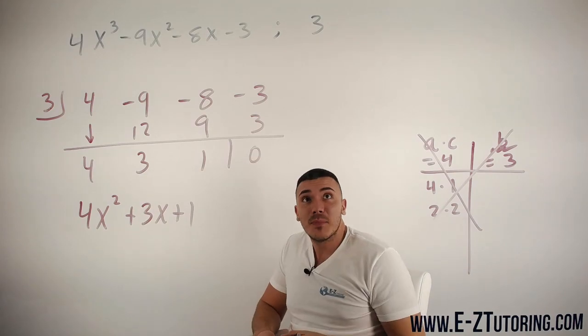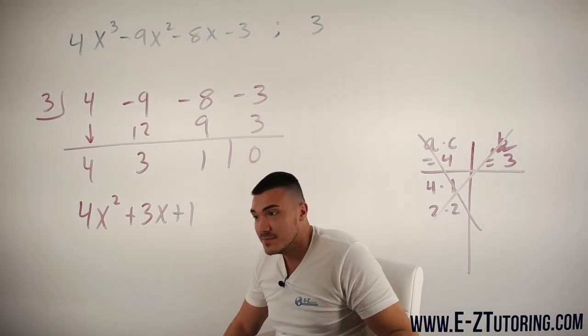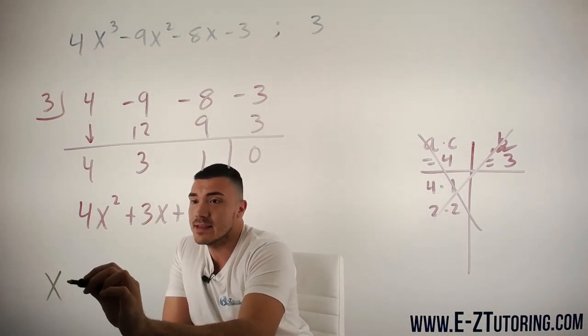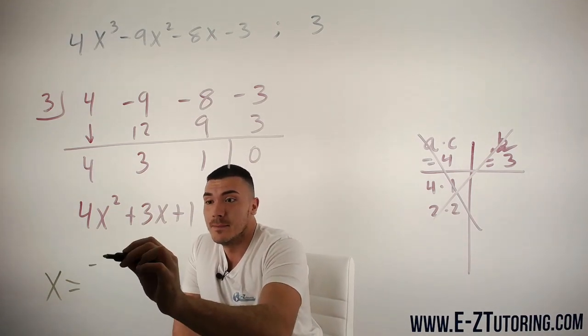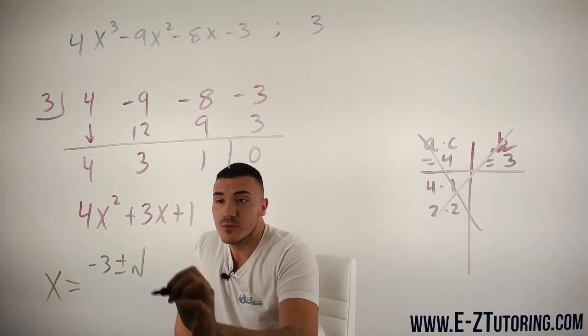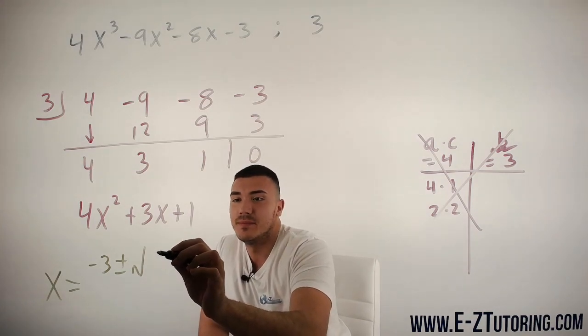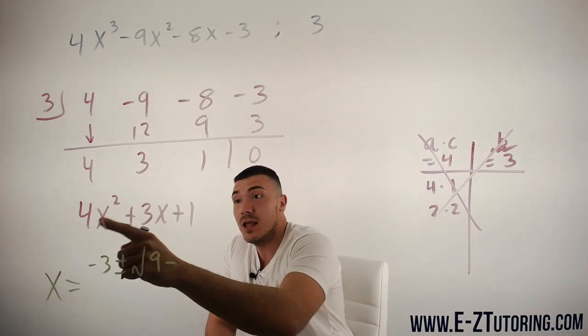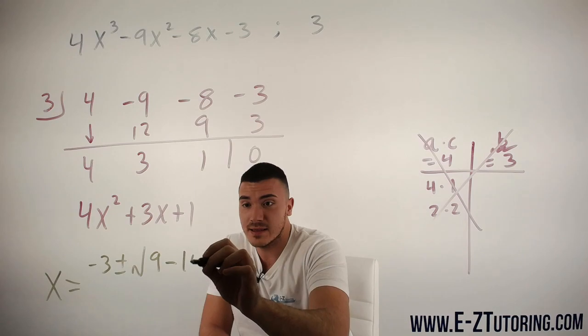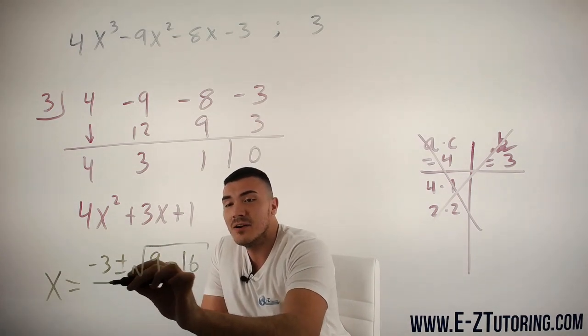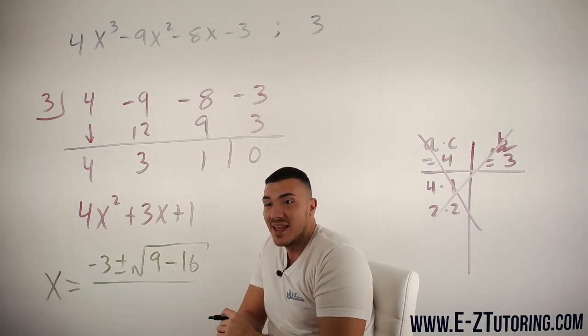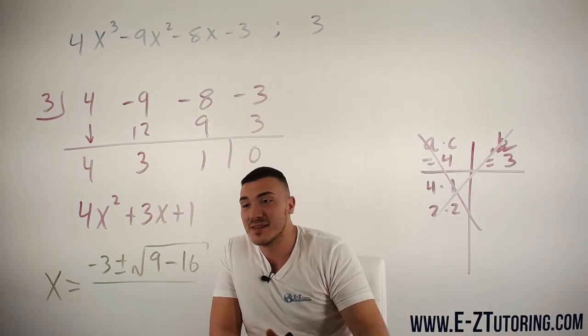So we can go ahead and plug into the quadratic formula for this and say that x equals negative b plus or minus the square root of b squared minus 4ac, which is 16. And you can already see we're getting a negative number in the square root, which is why this method didn't work.